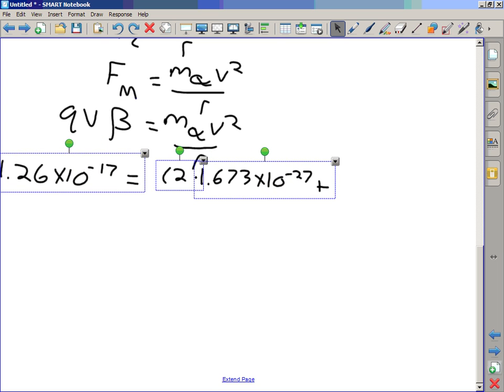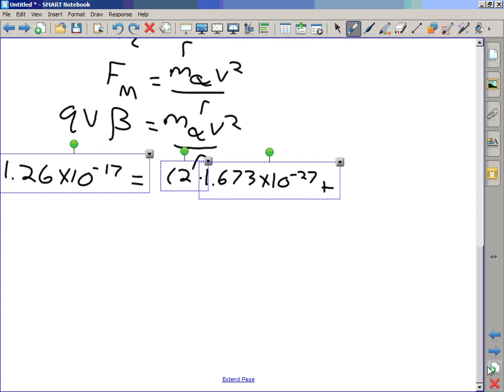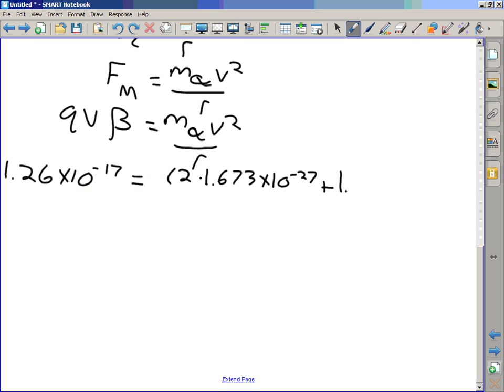Focus all the way over. I'm going to need as much space as I can get. Plus, I'm sorry, 2 times 1.675 times 10 to the negative 27.